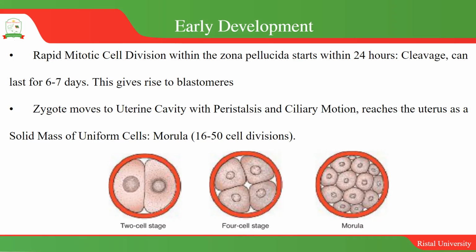Okay, and by the time the blastomere or the zygote reaches the uterus, it is now a solid mass of cells which are uniform. And by this time, the cell divisions that have happened are between 15 to 50.